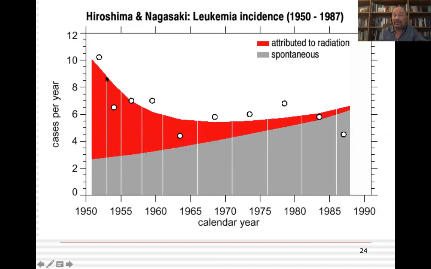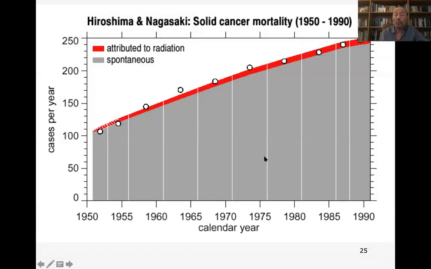Then the difference between spontaneous cases, which of course increase with age, and radiation-induced cases, if you want. The red gives you the difference, the points are the real points. The red gives you the estimate of the excess cases due to radiation, and it becomes smaller and smaller. While for solid cancer, at the beginning, there was nothing. So there was no difference compared to the controls.